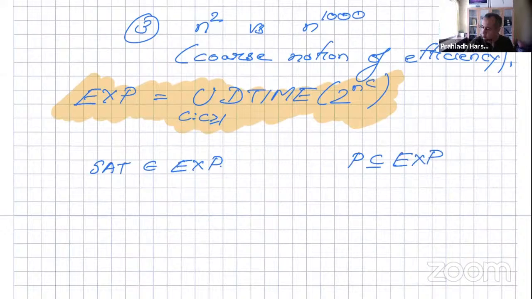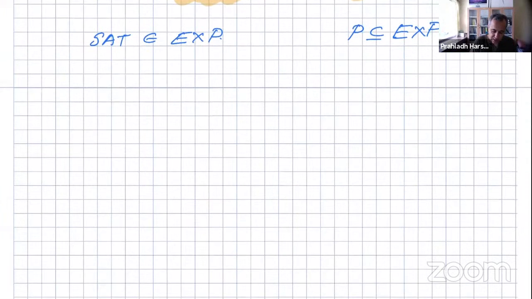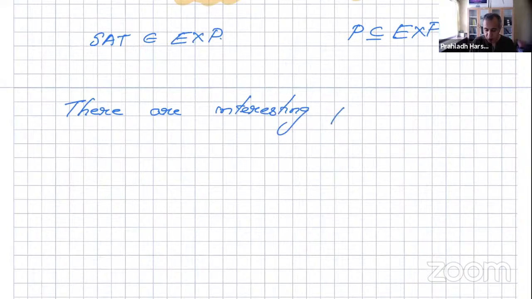So far what I'm talking about is more like easy problems. What we care about is that there are interesting problems outside P, interesting problems which we do not know are in P yet.